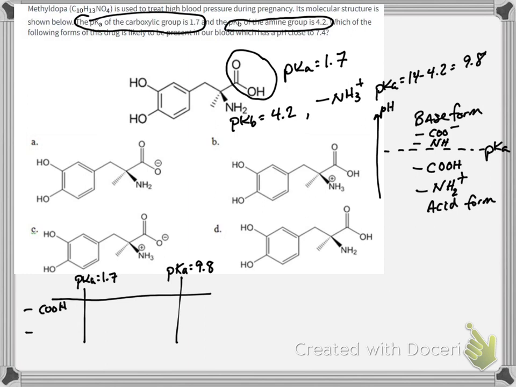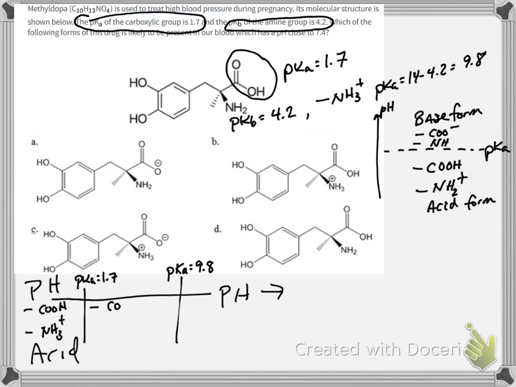So that means a pH below 1.7 will be in both acid forms. Remember this is a pH line, pH is going this way. So when pH is below 1.7, acid form.